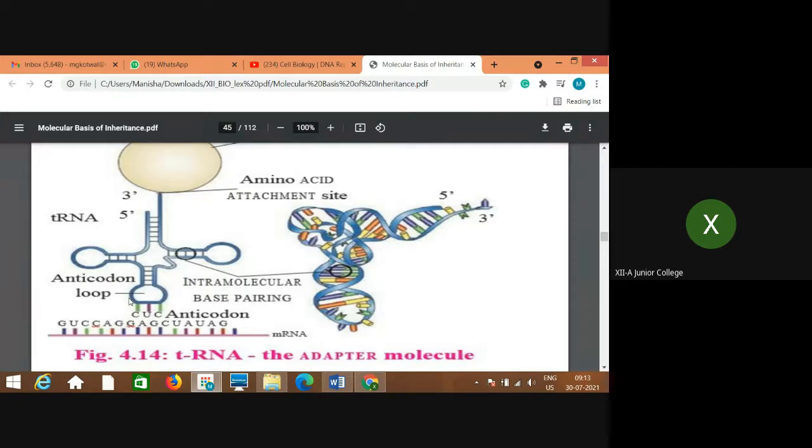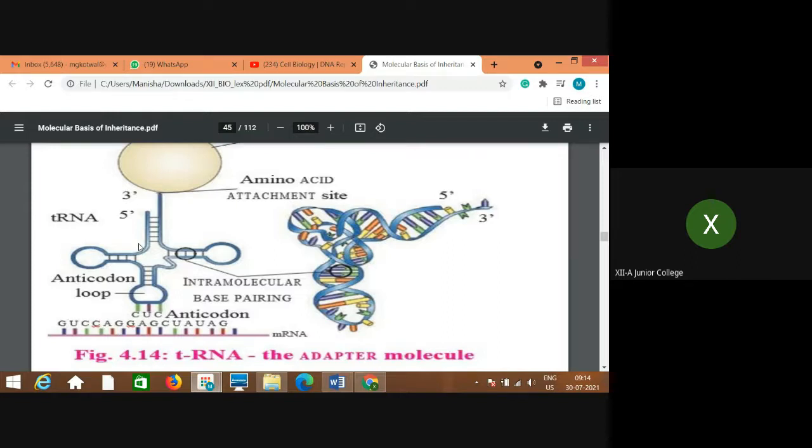Now, in the same way, this tRNA also plays a very important role because it has two important points. The free 3' end is useful for the attachment of the amino acid required for protein synthesis, and this anticodon loop, which is opposite to the free arms, has nucleotides that are complementary to the codons on mRNA.